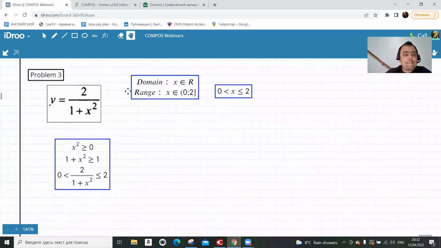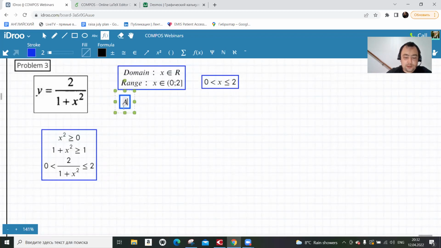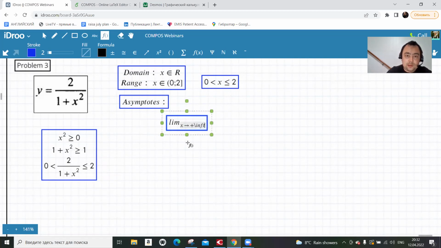Okay, then we need to look for asymptotes. So how do we look for asymptotes? Well, we find the limit as x tends to plus infinity of f of x. So what happens when x becomes really, really big?